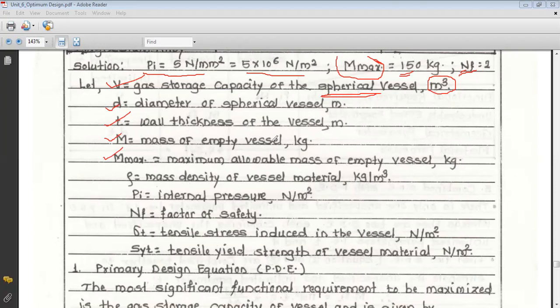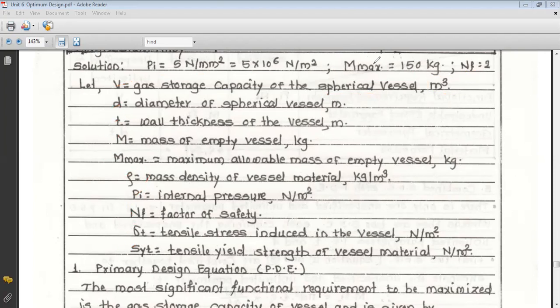Rho is the mass density of the vessel material in kg per meter cube. Pi is the internal pressure, NF is the factor of safety, Sigma T is the tensile stress induced in the vessel, and SYT is the tensile strength of the vessel material in Newton per meter square.